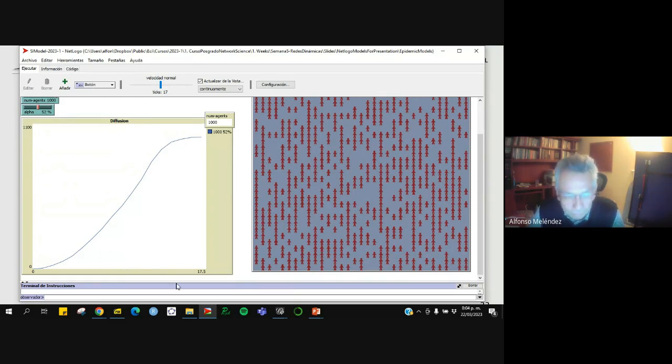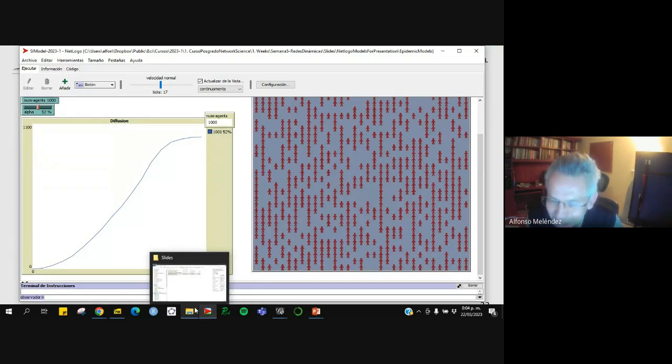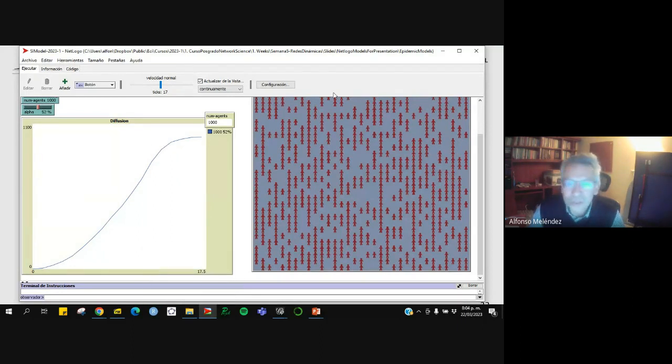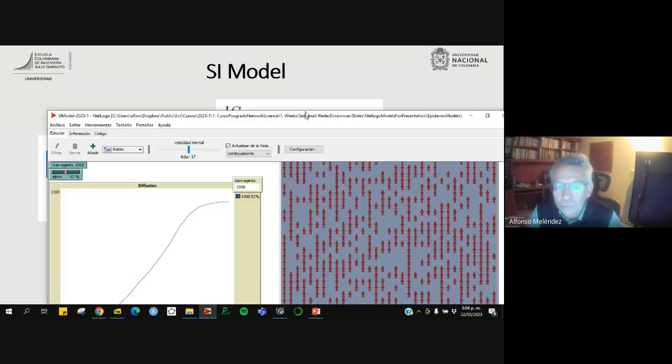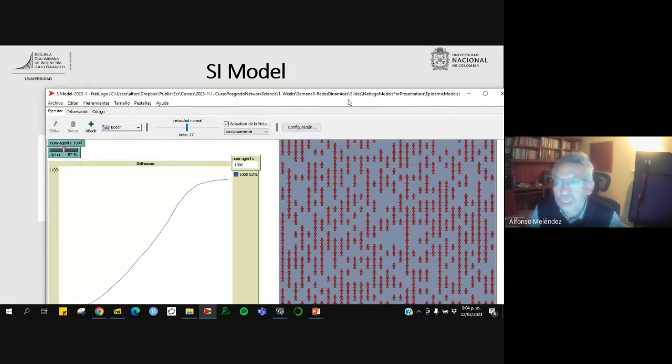For the mathematicians, well, I am a mathematician, for the person interested in details, if you find the solution of this pair of differential equations, you are going to discover that the formula of the solution corresponds to a logistic formula, okay?